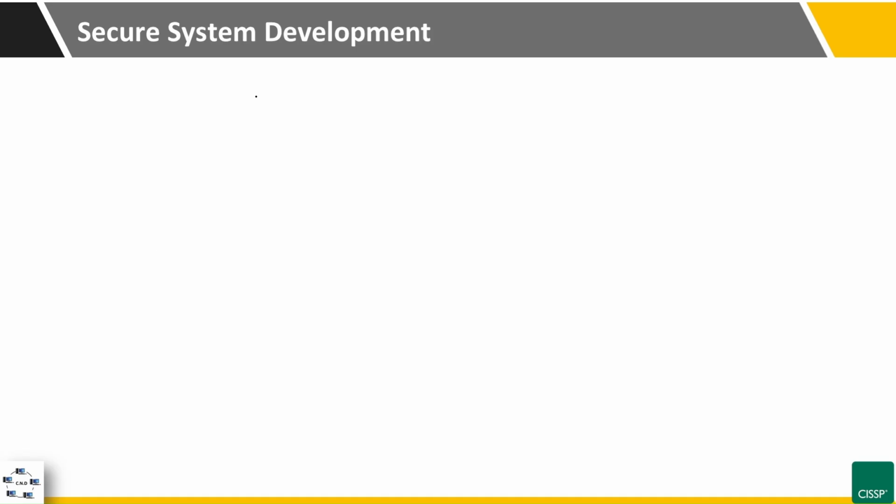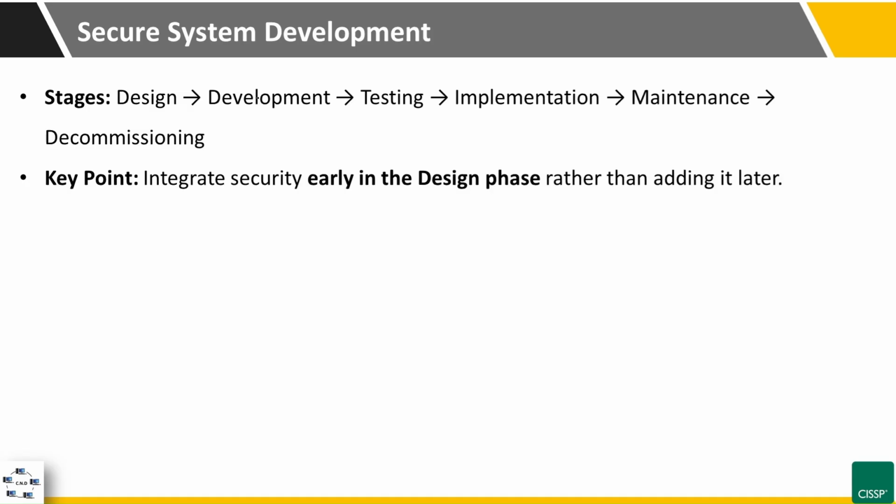So our first topic is secure system development. The stages of secure system development include design. These are generic stages. They may vary as per the requirement or as per the framework, but generally the initial stage is the design of the system, and we develop the system.